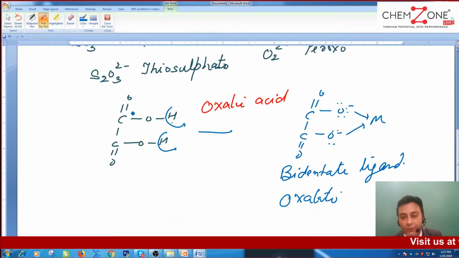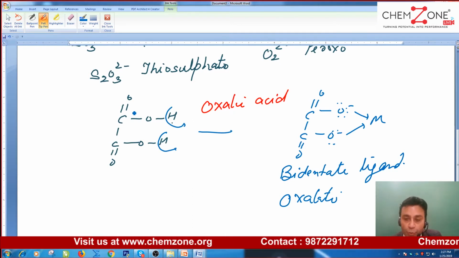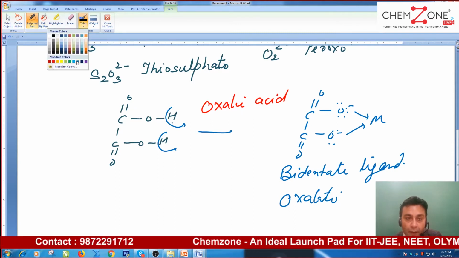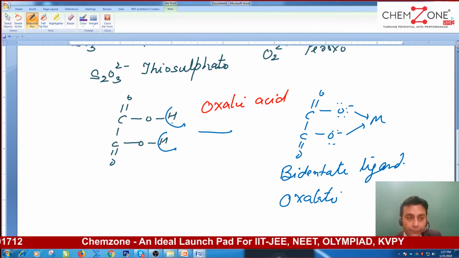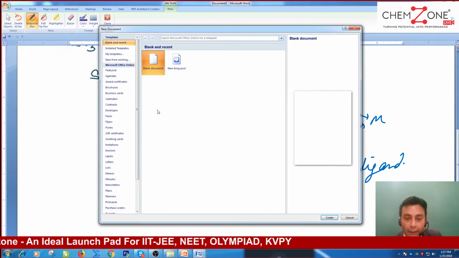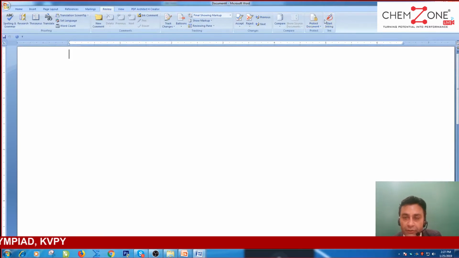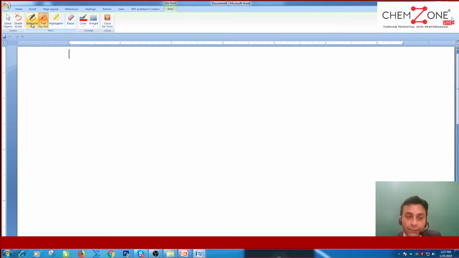Monodentate ligands are those which can donate only one pair of electrons to the metal atom. Bidentate are those which can donate 2 pairs of electrons to the metal atom. If any molecule donates 3 electron pairs, it will be called a tridentate ligand.